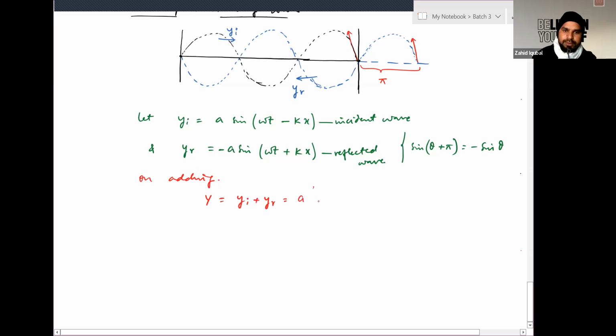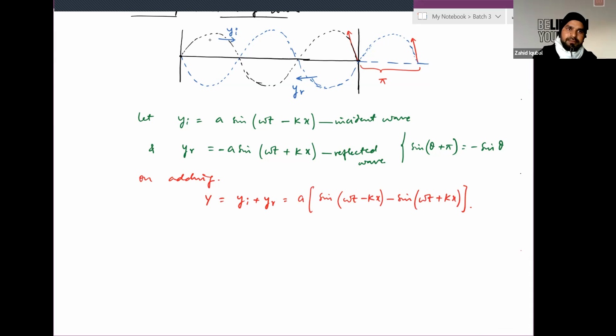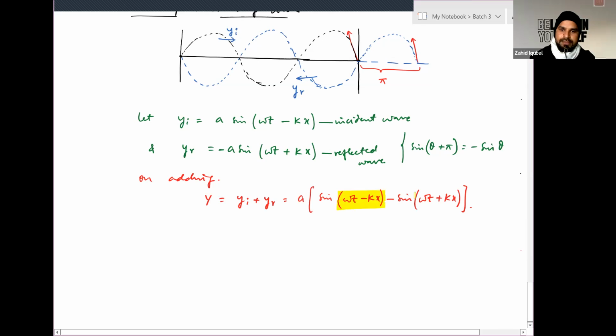Taking a as common, you're left with sine omega t minus kx as the first part, minus sine omega t plus kx as the second part. Now we have two different terms. This is the first angle, and this is the second angle.